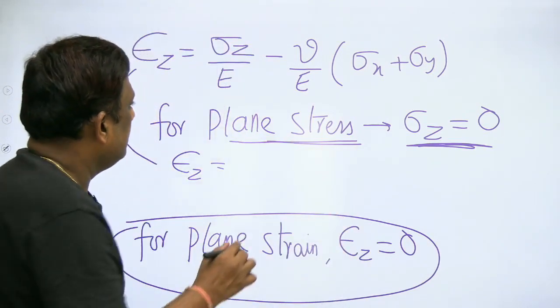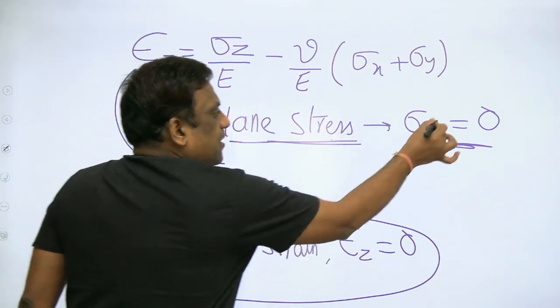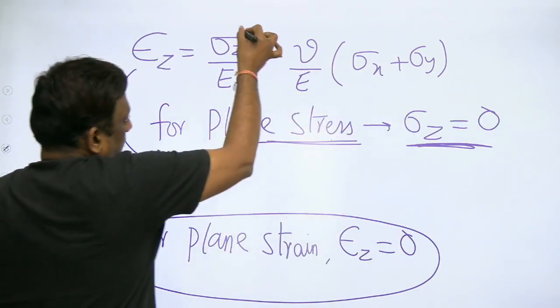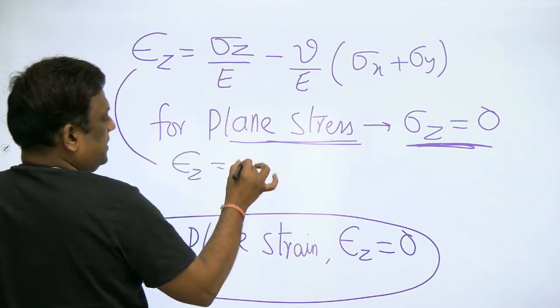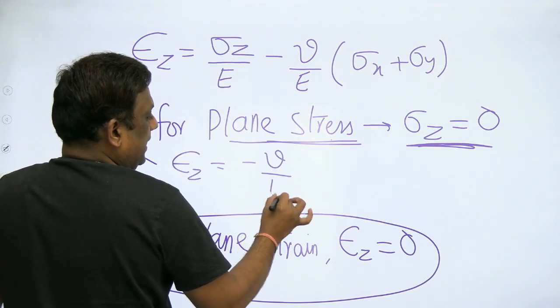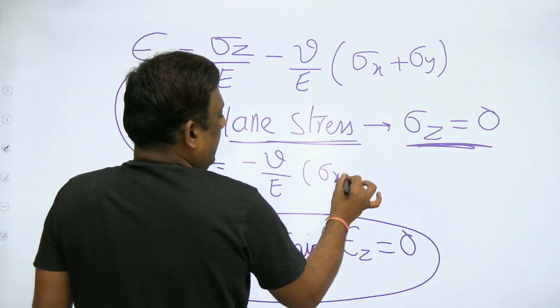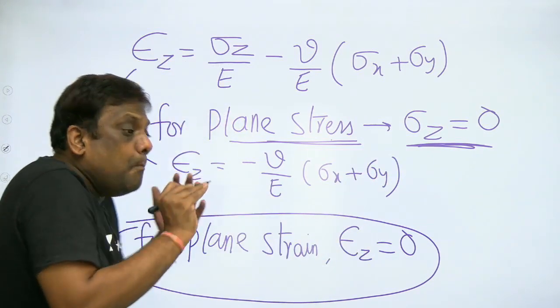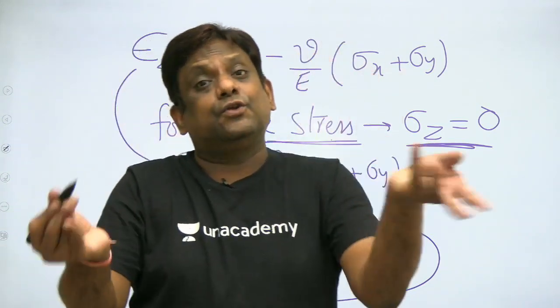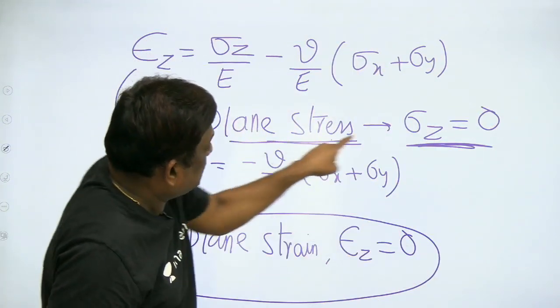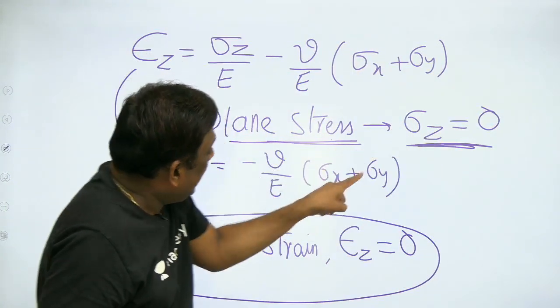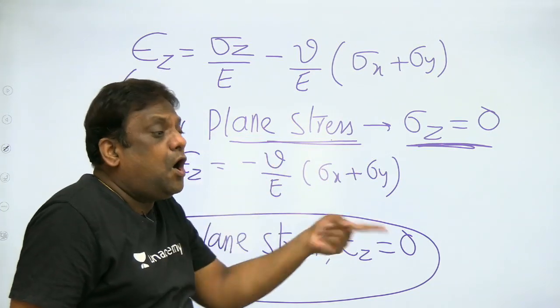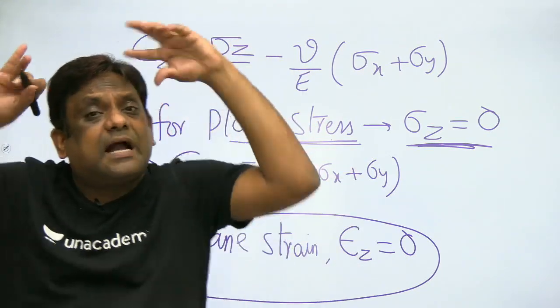Let us take plane stress. For plane stress, sigma z is 0. When sigma z is 0, epsilon z is minus nu by E into sigma x plus sigma y. This value may be 0, may not be 0. It means plane stress may lead to plane strain or may not, but it is not compulsory.